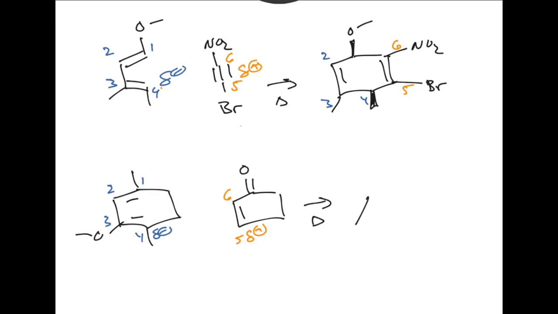So it's a cyclic diene, so we're going to have this, right? But also our dienophile is also part of a ring, right? So that's going to make another ring.